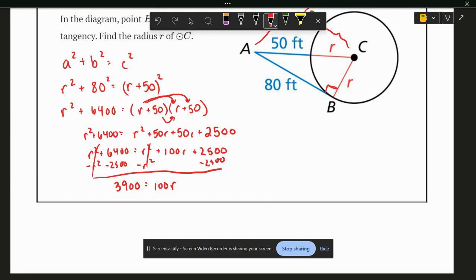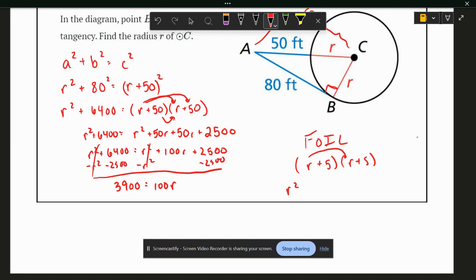So FOIL, technically, how do you FOIL? FOIL stands for first, outside, inside, last. Say, for instance, you had r plus 5 and r plus 5. You do first, so the first two here would be r squared.